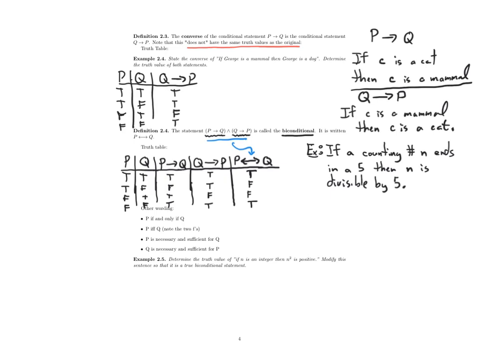5, 15, 25, 35, whatever. That is always true. So this is true, I'll put like a little smiley face there. The converse, however, is not. If a counting number n is divisible by 5, then it ends in a 5.